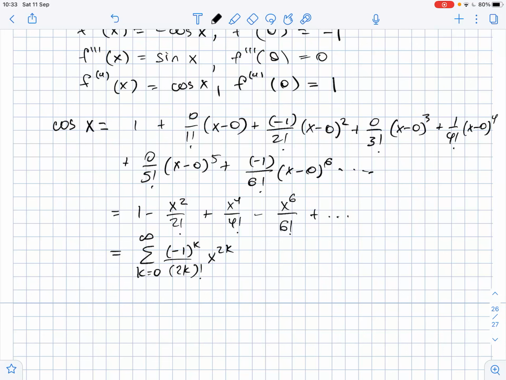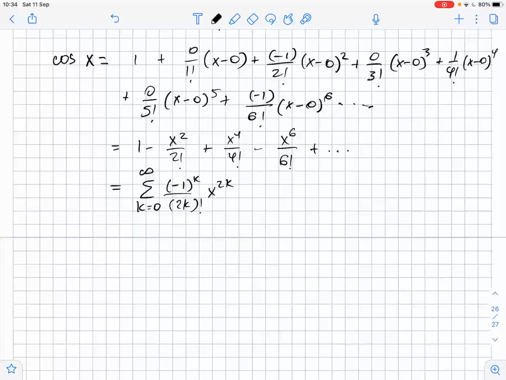Then to find the Taylor series of cosine of x squared, we replace x by x squared, and we get that cosine of x squared equals 1 minus x to the fourth power over 2 factorial plus x to the 8th power over 4 factorial minus x to the 12th power over 6 factorial, and so on.